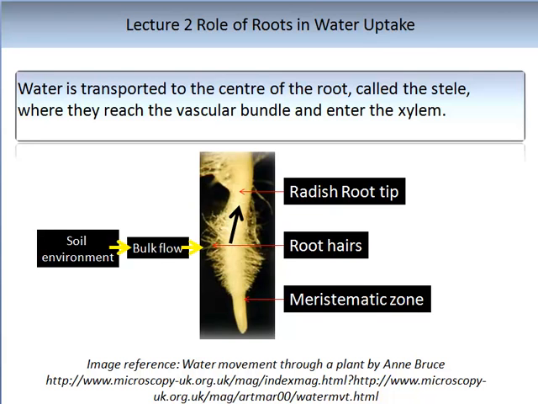The hairs consist of a narrow walled chamber, and they function, as I said earlier, to greatly increase the surface area, and this determines how architecture plays a role in the amount of water that can be taken up by a plant.